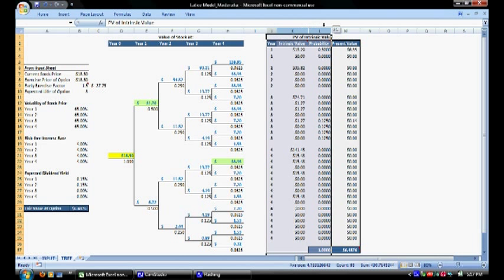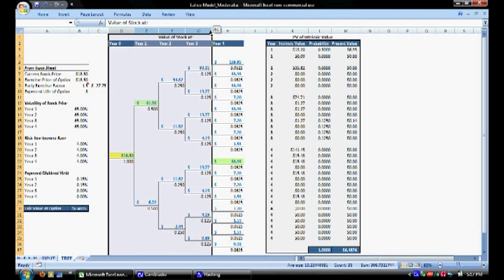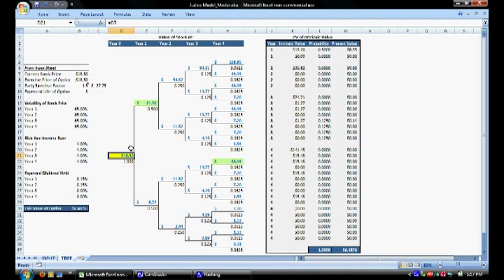Ignoring columns J through M for the time being, let's first look at the Lattice stock price tree assembly, columns D through H. This particular model examines the possible future stock prices over a period of 4 years, for a stock with a current price of $18.50, and assumes the price will either increase or decrease. During year 1, if the stock increases, the price is $31.70. But if it decreases, the price is $6.72.